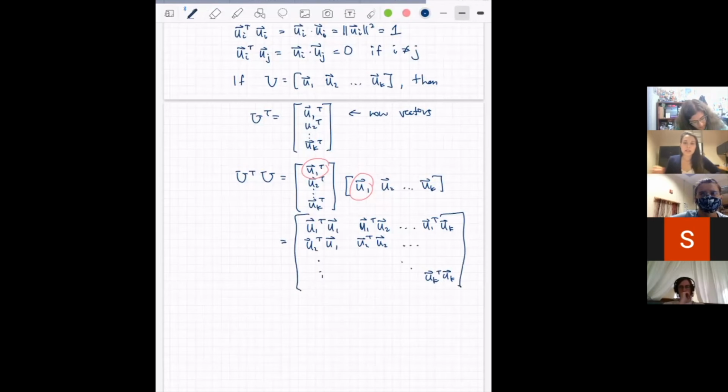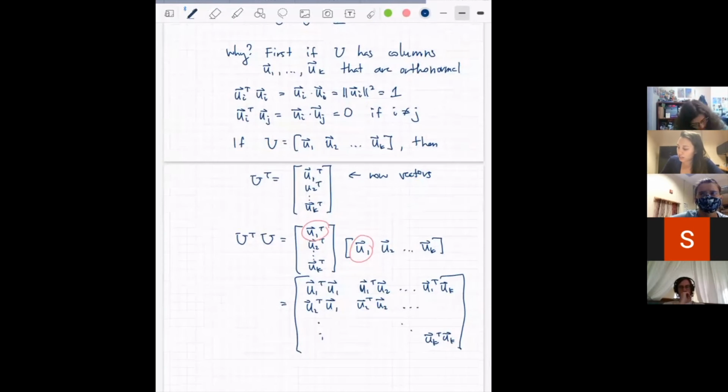Okay, but as we said, these are just going to be the definition of the dot product of those two vectors that we're multiplying together. And like we also said, if i is not equal to j, so if we're multiplying in one of these entries, say here, where the indices are not the same on those vectors, that's going to be 0, right? Because they're orthogonal.